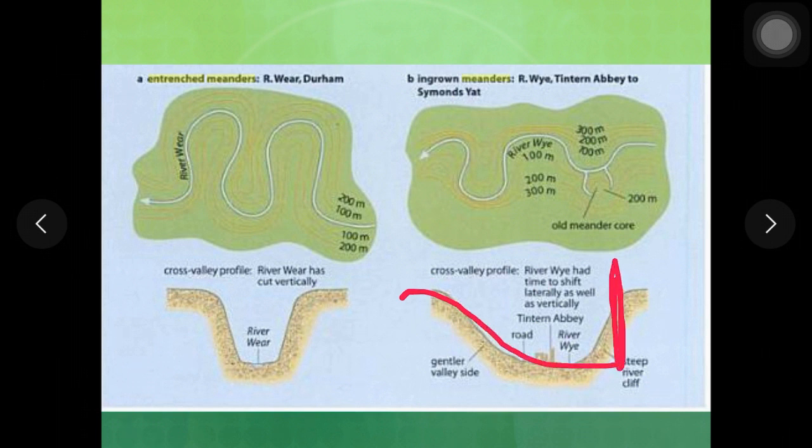So that is the difference between entrenched meander and ingrown meander.